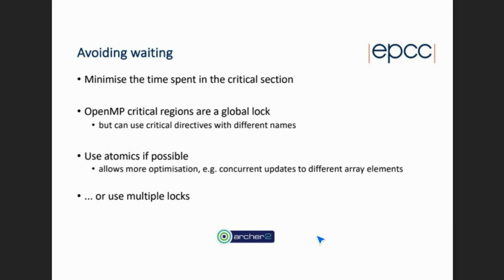So atomic allows, for example, concurrent updates to different array elements. If the thing on the left-hand side that you're updating is an element of an array, then atomic allows different threads to update different array elements concurrently, whereas critical doesn't. Or you might end up using multiple locks, in situations where an update to a shared object is more complicated. So you might end up with a lock per object or something like that.